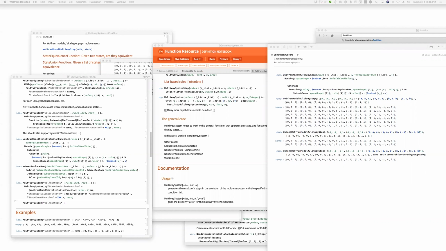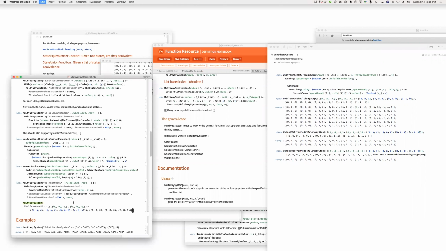Well, hang on, here's the rule and initial condition. Okay. Okay, there's the rule, there's the initial condition.